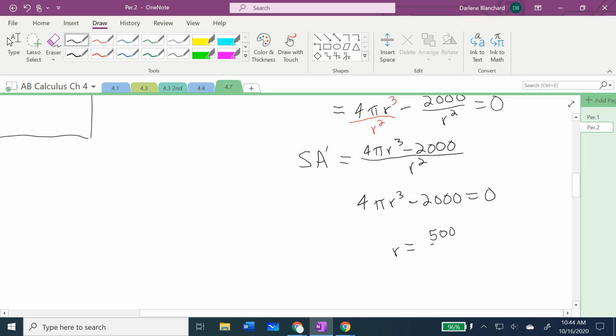Then I divide by pi, and then I cube root. You would leave your answer this way if you had no access to a calculator. And that's perfectly fine. If this was an AP exam, I would say just leave it there. Don't give yourself the opportunity to write an incorrect answer.